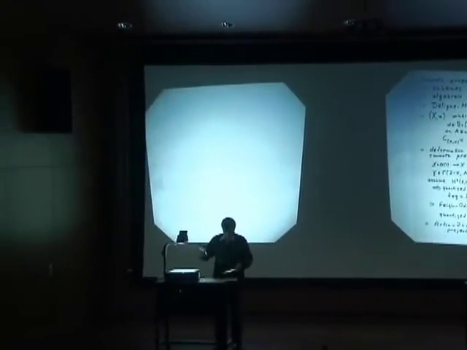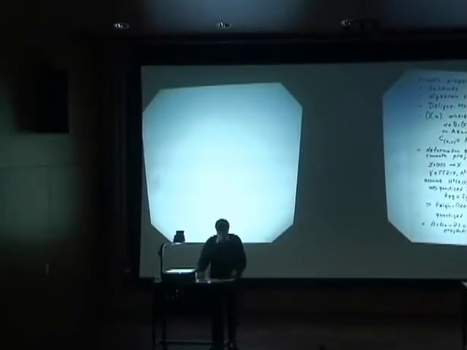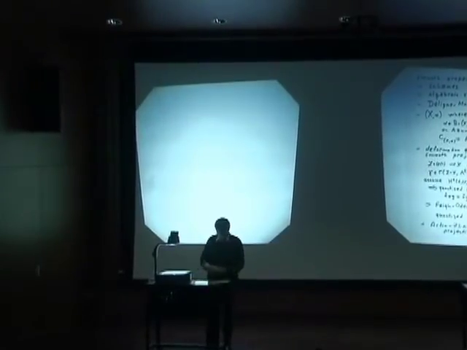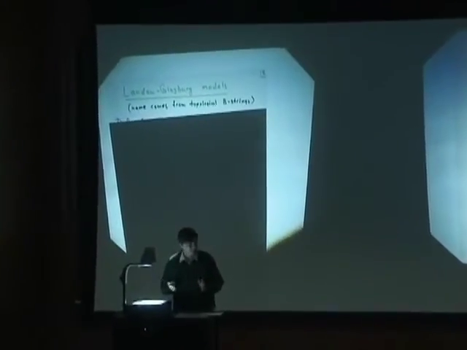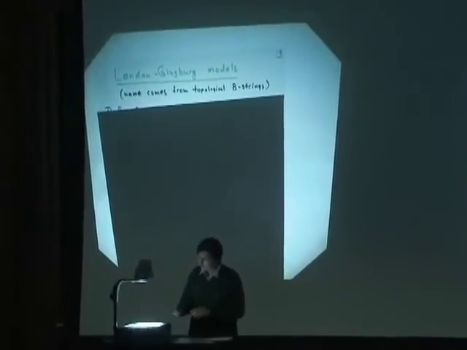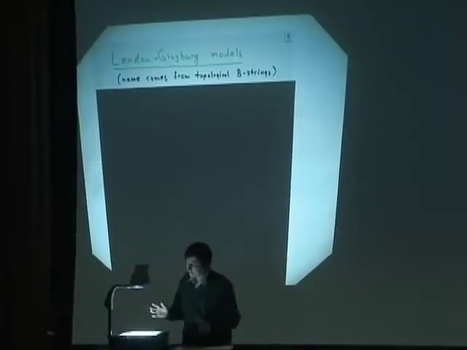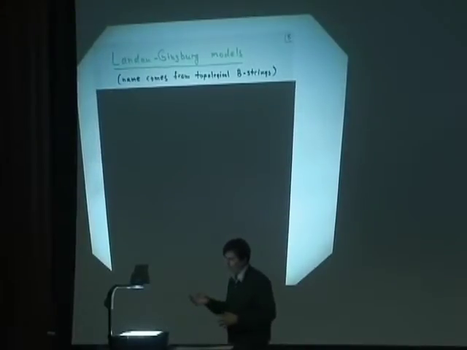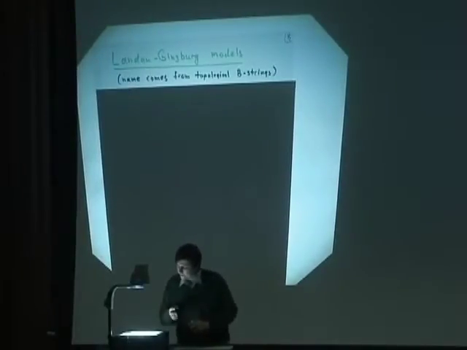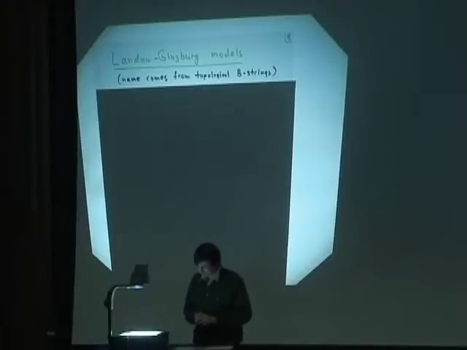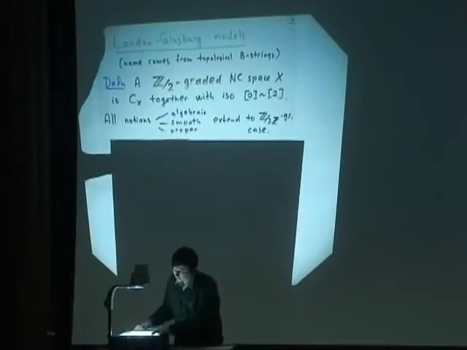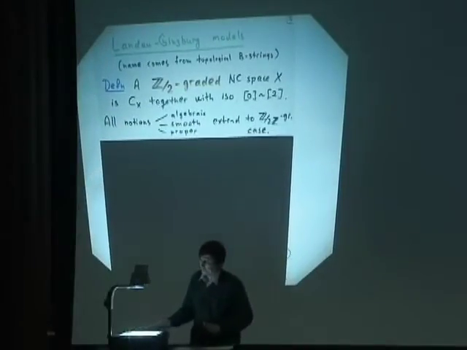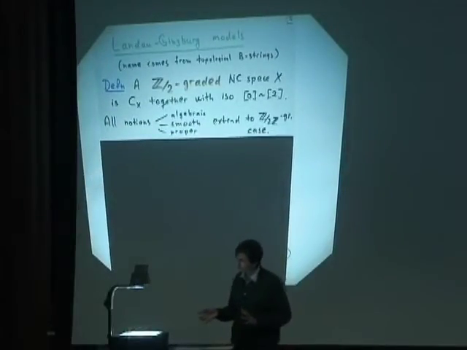Yeah, and now I'll go to my main playground for making guesses and hypotheses. It's a new class of categories, and it's called Landau-Ginzburg models. The name came from topological string theory, from the B model. So first of all, I just want to extend the previous story.